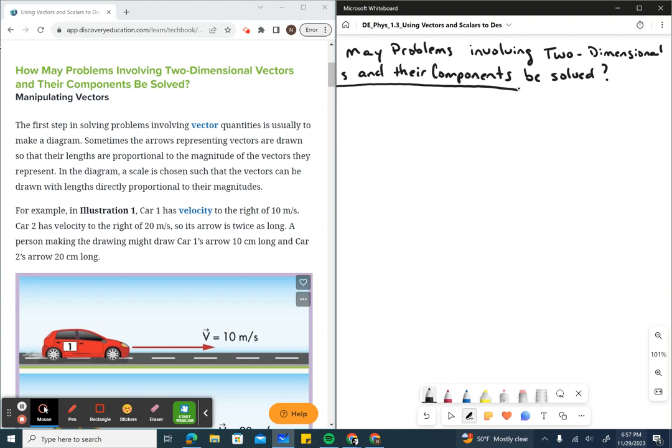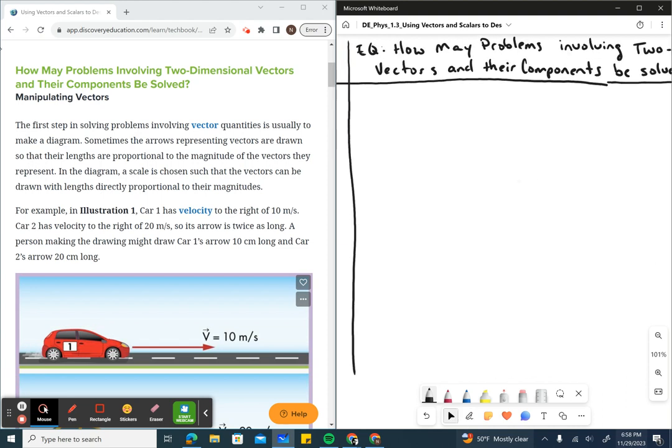Question mark. Okay, so we're not talking about three-dimensional problems, say X, Y, and Z axis. We're talking about your standard two-dimensional problem, like we might do on a piece of paper, X and Y axis, right?